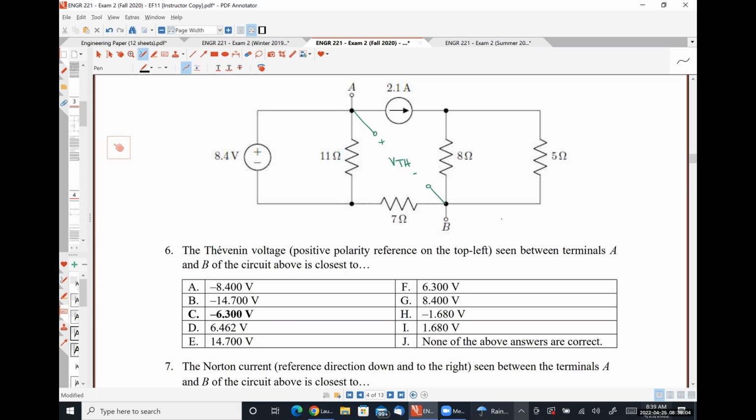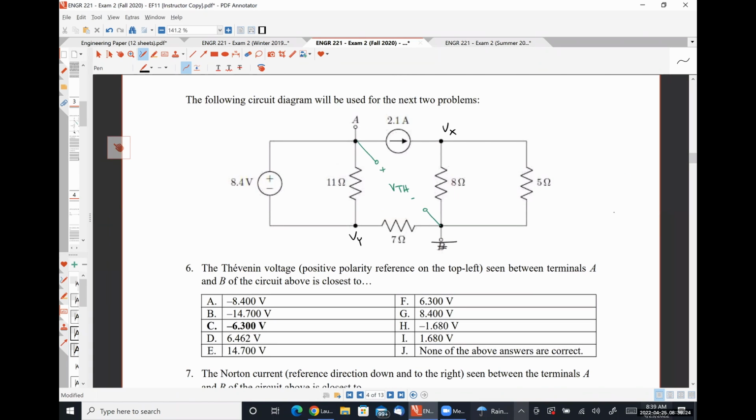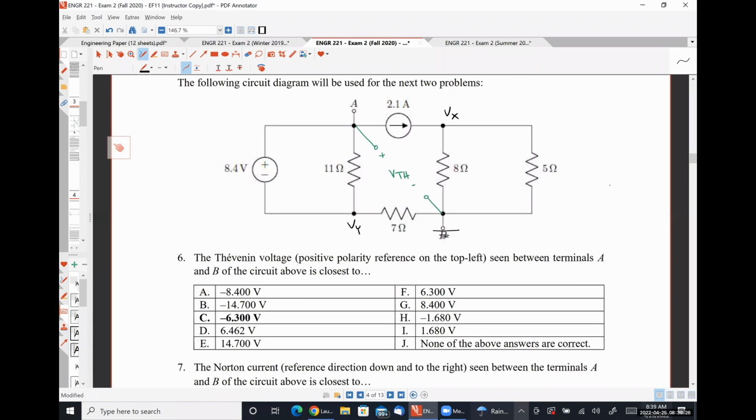I'm going to put ground here, literally just so V Thevenin and VA are the same thing, okay? I'm going to call this node then Vx, this node Vy. So I have, that is not what I meant to do, okay.